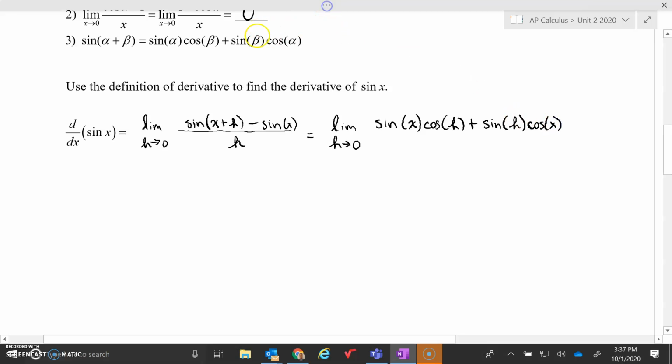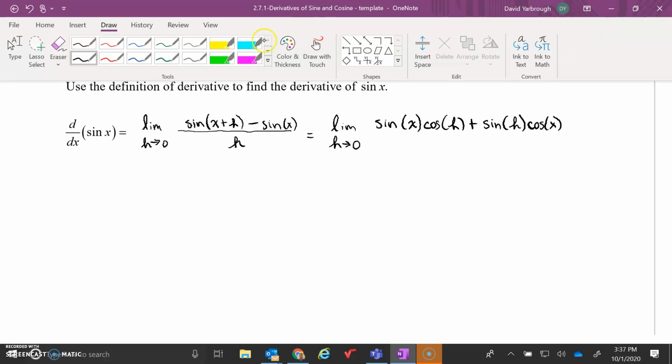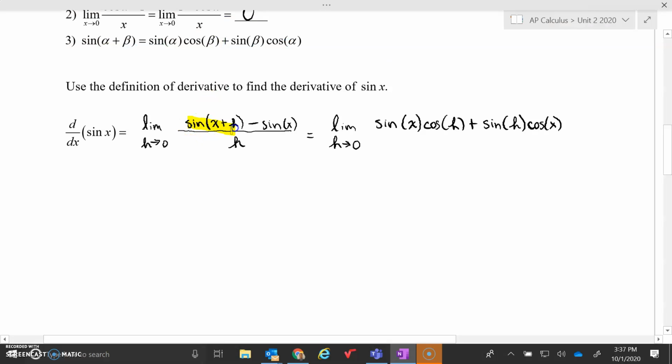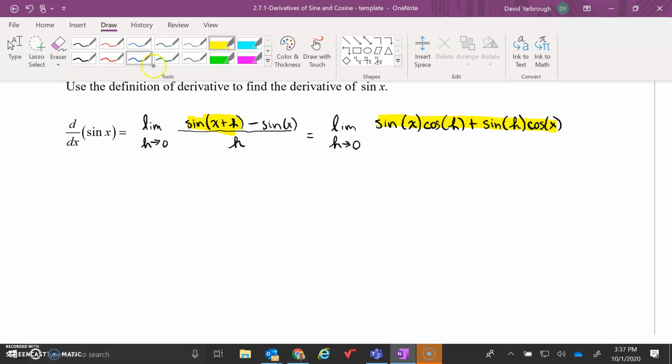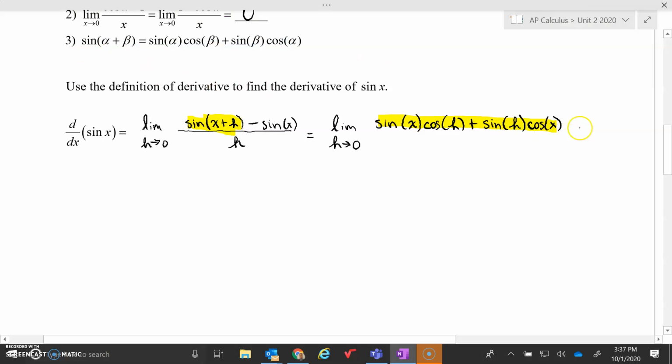Let me just be clear about what I've written. I rewrote that yellow piece and turned it into this yellow piece as one equality. Okay, so I need to return to my original marker. I need to finish this numerator by typing in minus sine x.